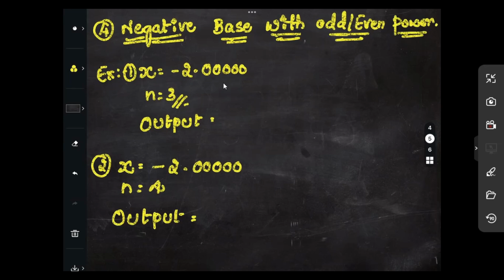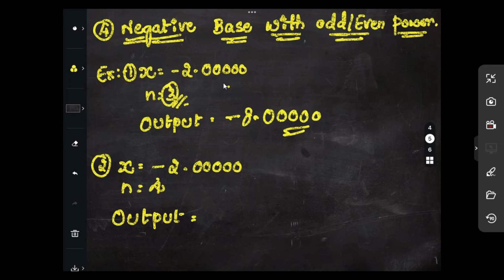Negative base with odd or even power. In this case, minus 2 to the power of 3, right? Minus 2 to the power of 3 will be minus 8.00000 that we need to get here. This is fine. Since n is odd, the result is negative. n is odd here in this case, so the result will quite obviously be negative. If n is even, then the output would have been positive, right?